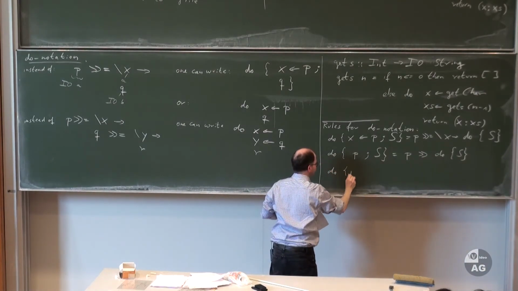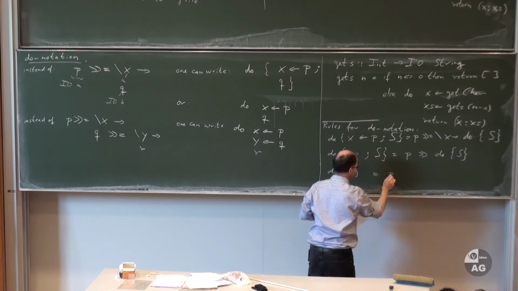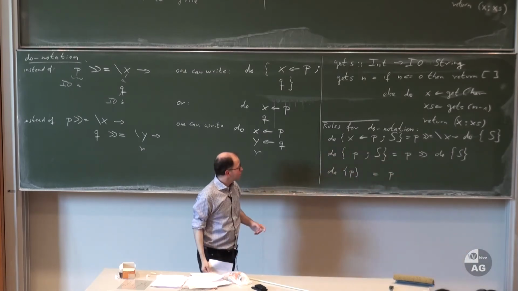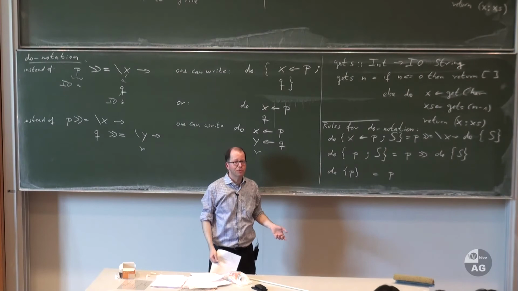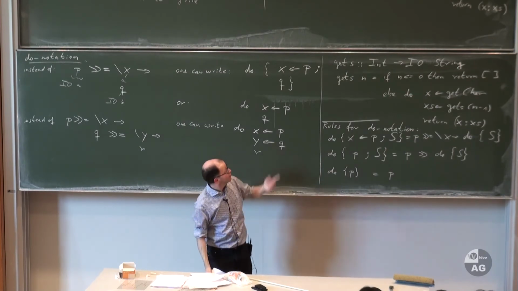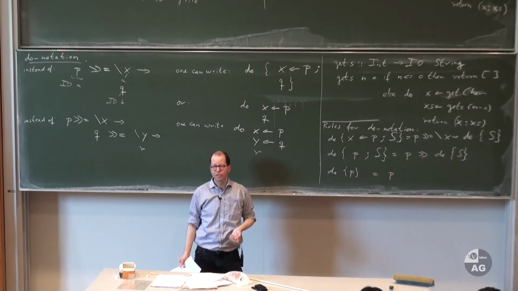And if you have just a single action, do P, then this means P. So if you apply these rules recursively, you can translate your do notation back into something with bind, and this is what Haskell actually does.